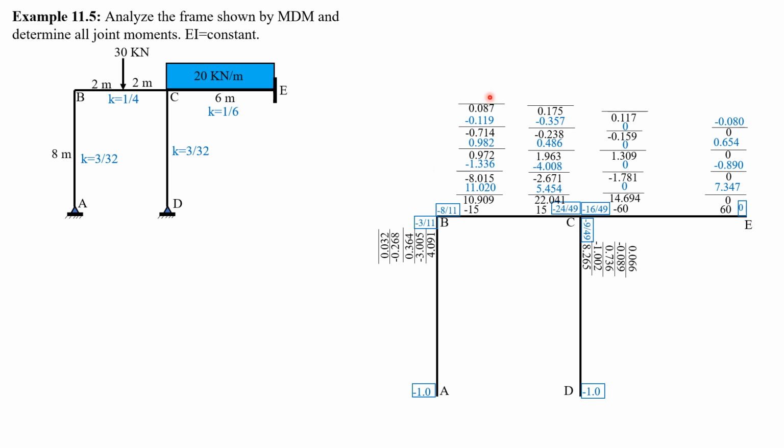So we have to distribute this finally. 0.088 times negative 8 over 11 is negative 0.064, lock finally. 0.088 times negative 3 over 11, negative 0.024, then lock it finally. 0.044 times negative 24 over 49, negative 0.022, then lock finally.